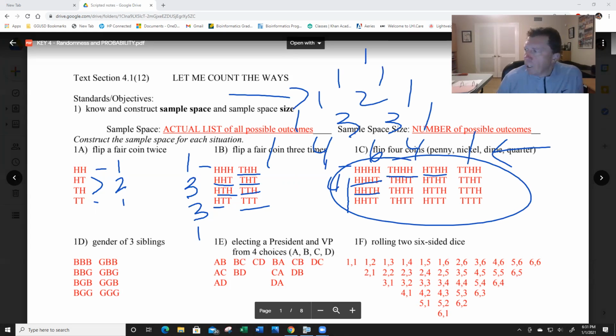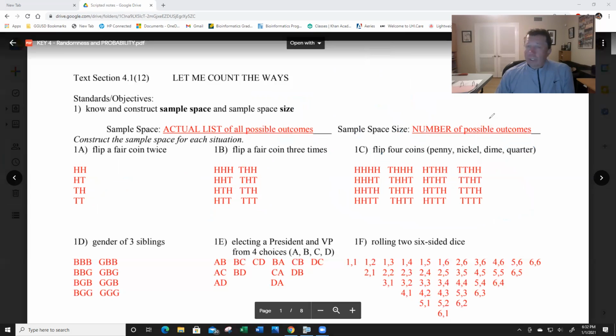And again, I'm doing more than the question asks, but there's 1 way to get 4 heads, 4 ways to get 3 heads, 6 ways to get 2 heads, 2 tails, 1 way to get 1 heads, and 1 way to get no heads, which is tails, tails, tails, tails. So there is a pattern there. You don't see it in the way that I did it, but there is a pattern there.